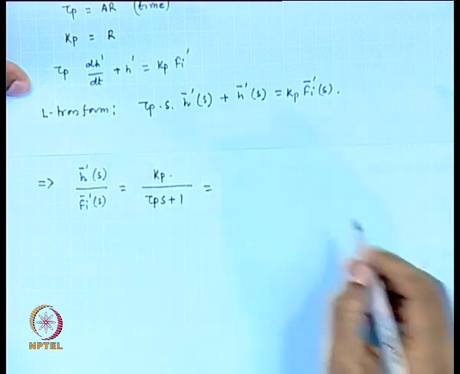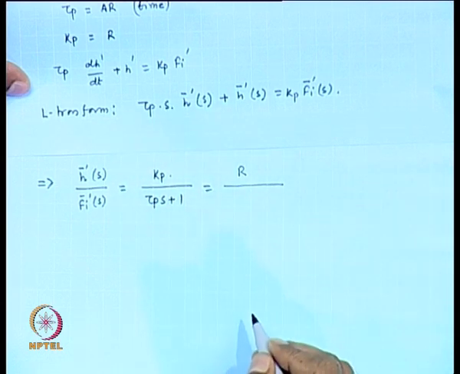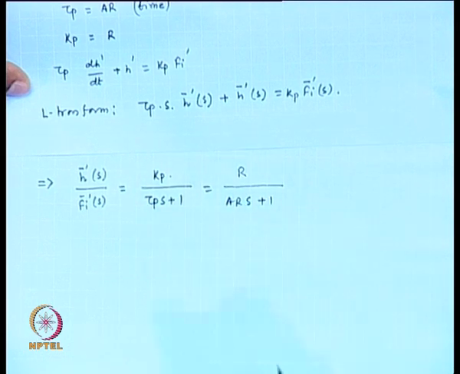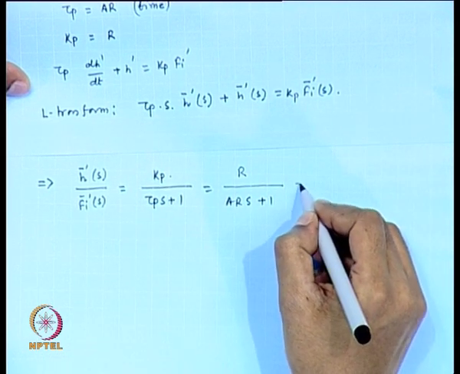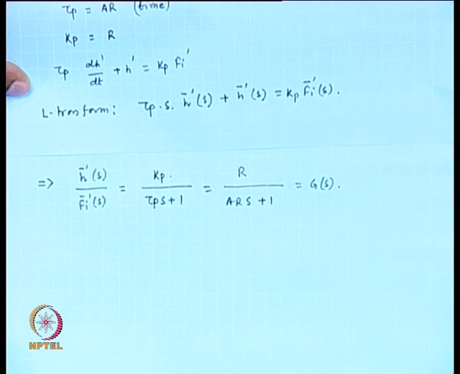So, here Kp is basically the resistance, and tau p is A R. This is the transfer function of this system, liquid level system.